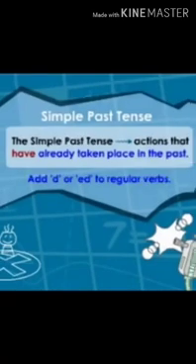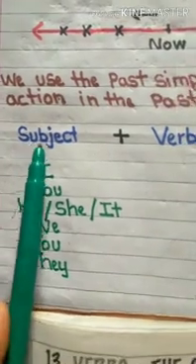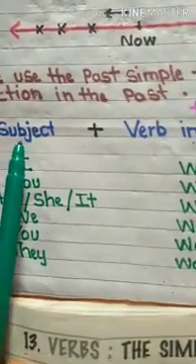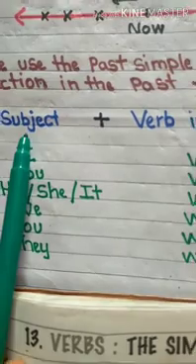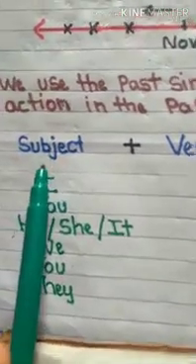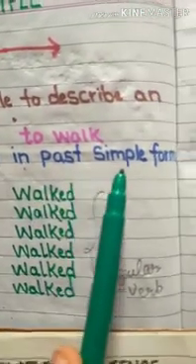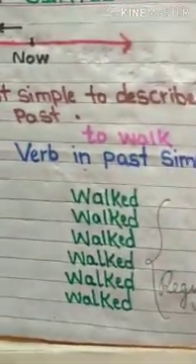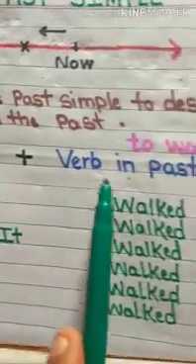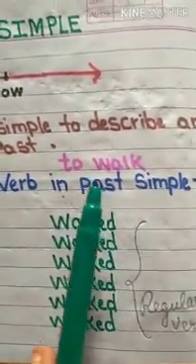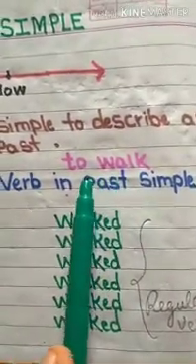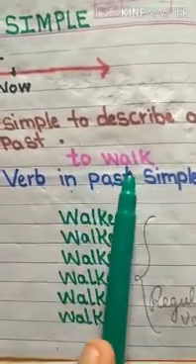So we usually add d or ed to regular verbs. Now see here the form of the past simple tense: subject plus verb in past simple form. Now we take a regular verb, to walk.